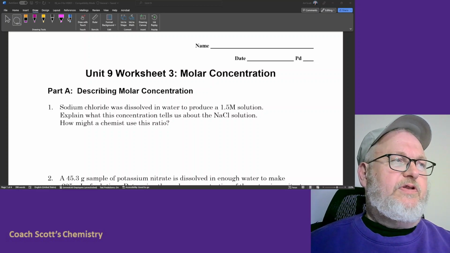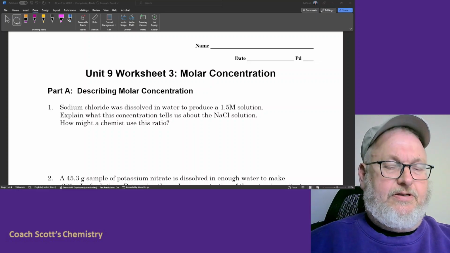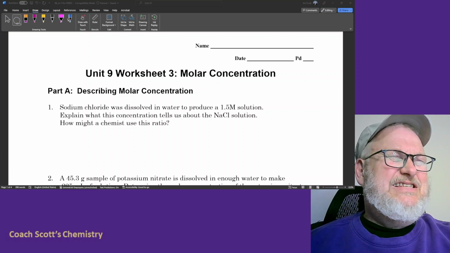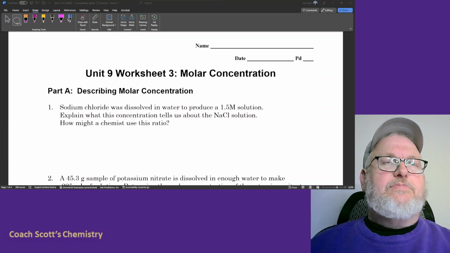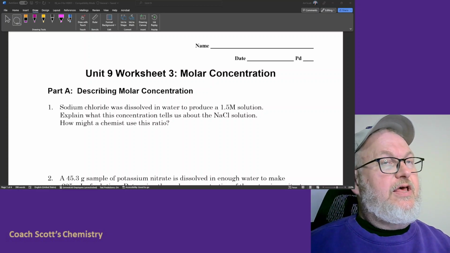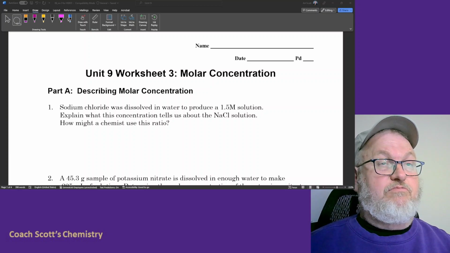Well, 1 mole is 58.5 times 1.5. That means I've got 87.75 grams of sodium chloride in that solution. That means I have 1.5 moles in that liter of solution.